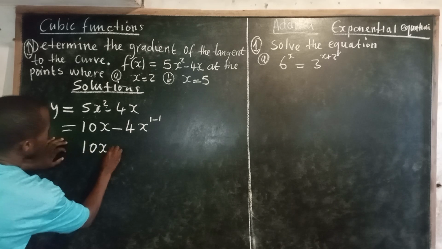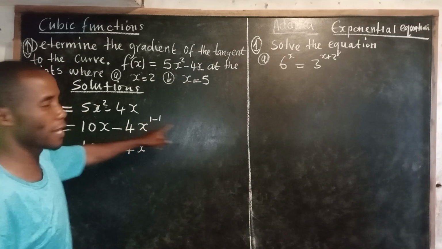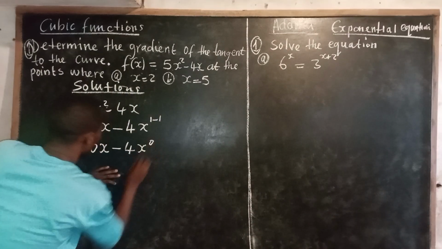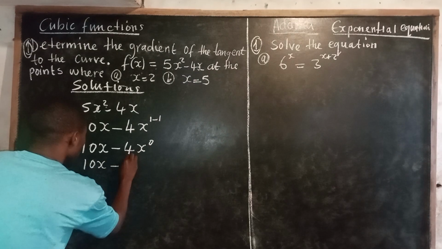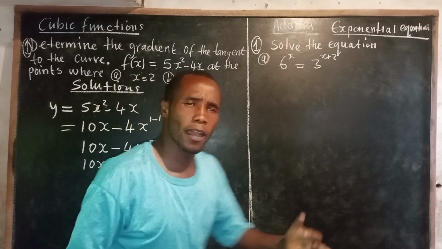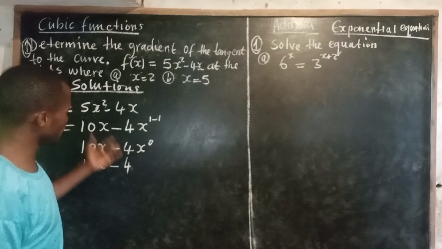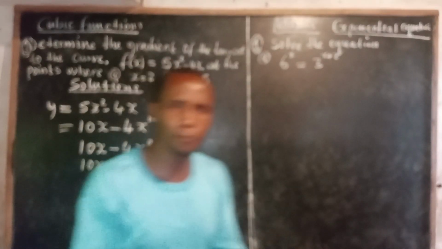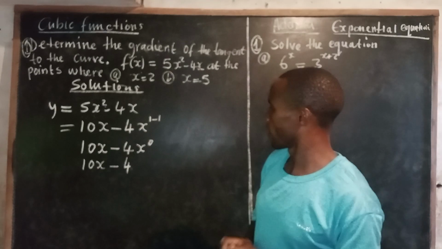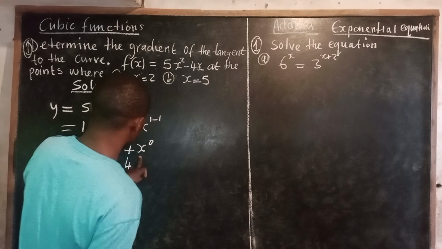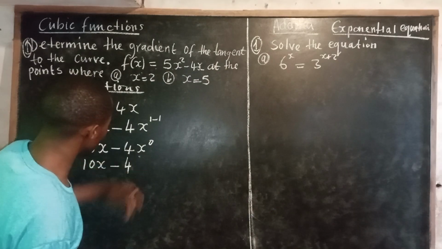So 10x minus 4, then this x with power 1 minus 1, which is 0. So 10x minus 4, then x to the power 0 is what? It is 1. Remember the rules of indices: any number, any letter, anything, be it a symbol, raised to 0 is 1. So x here has disappeared because of the power 0, and it is going to be 1. So 1 times 4 is 4.